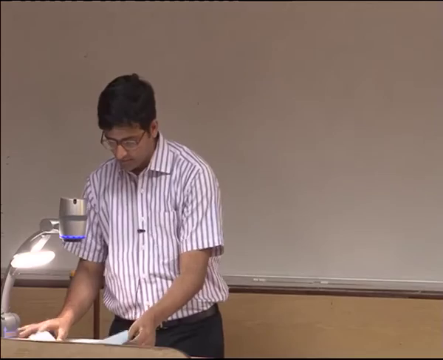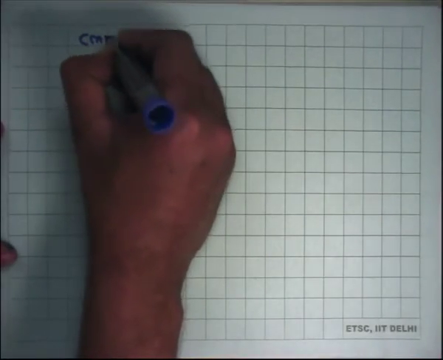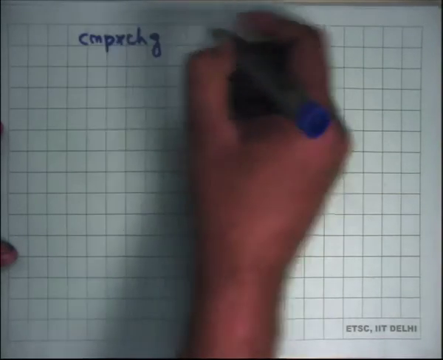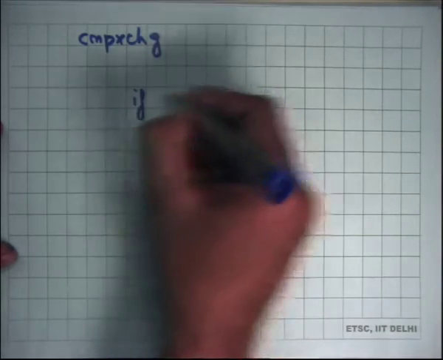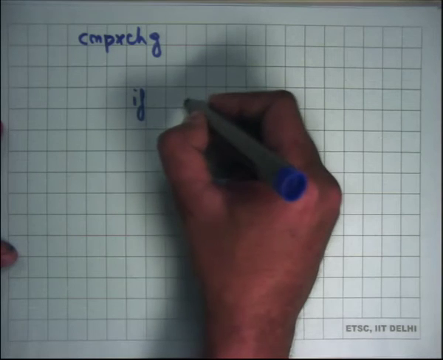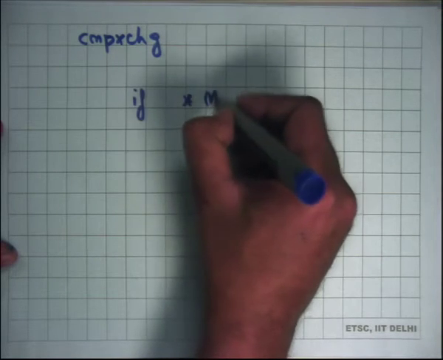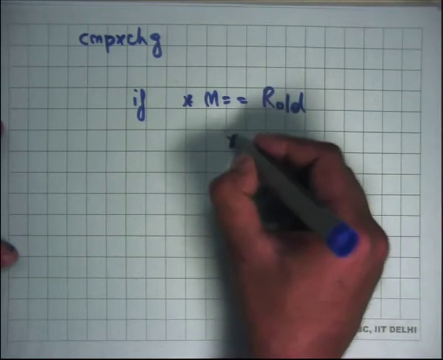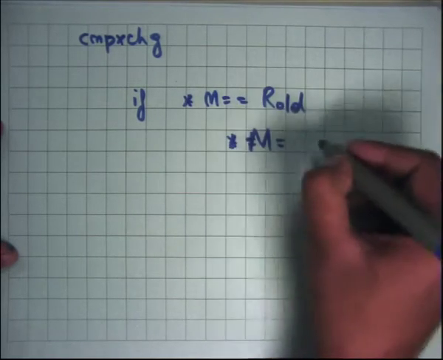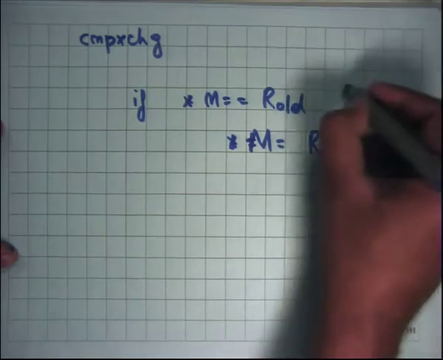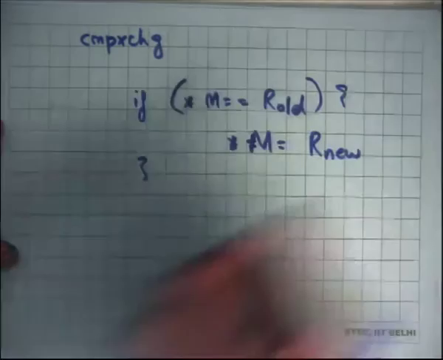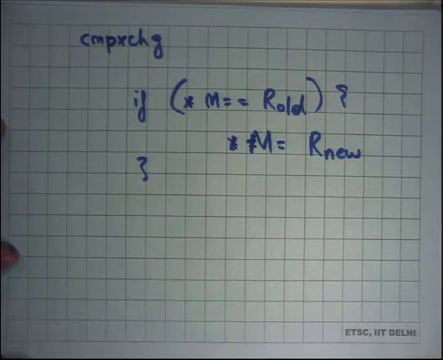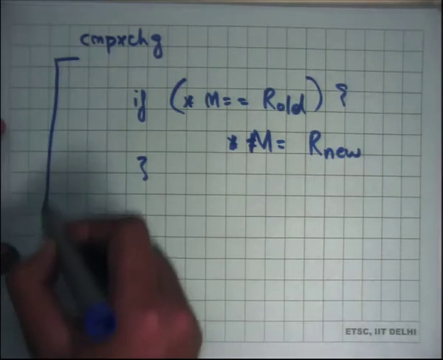Okay, right. So let me write it in plain English first. Compare exchange: if star m is equal to r old, then star m is equal to r new. That is all, in some sense, and this is done in an atomic fashion.